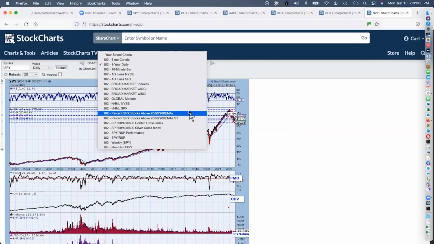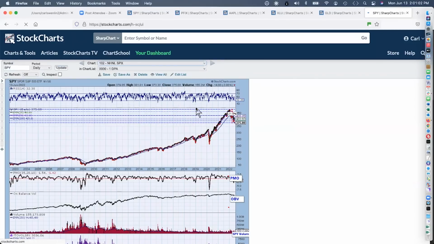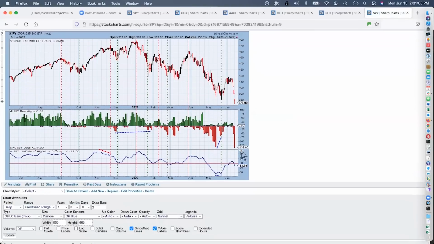Let's look at the new highs and the new lows today. Okay, so we are at a lower spike today than this. So no divergences at all. And again, I think there's no sign that it's going to stop yet.